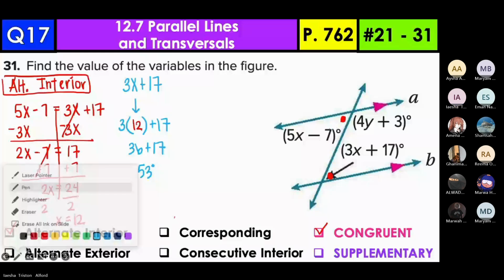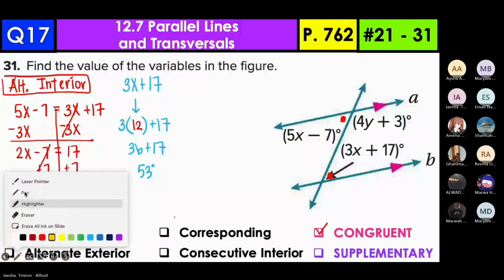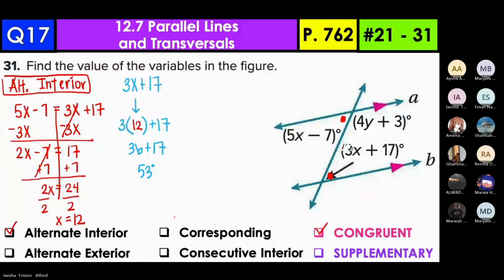So take this one, erase it. I can also take this one and erase it, right? Because they are congruent, correct? All right.